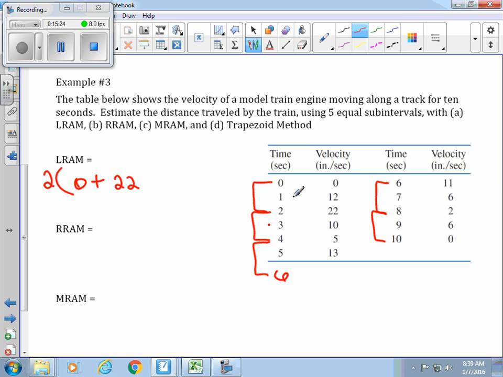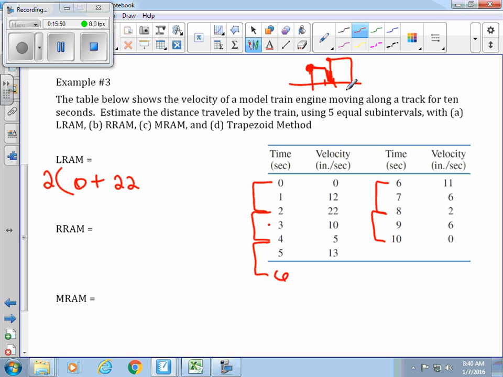So, if I were to draw a picture here, and if you have to do this, you do it. At 0, I'm at 0. At 2, I'm up at 22. And so since I'm doing 5 rectangles, that's my first rectangle. Does that make sense? And then my second rectangle is from the 22.